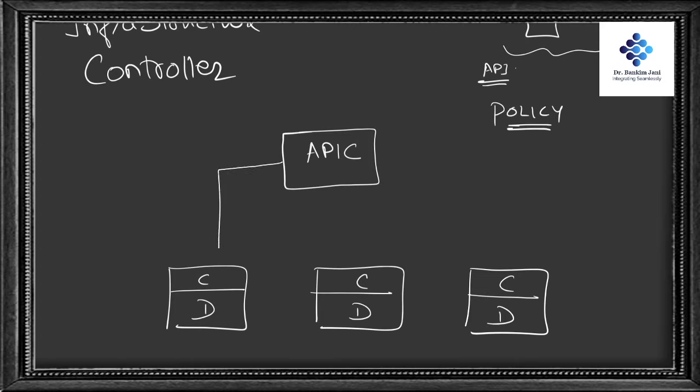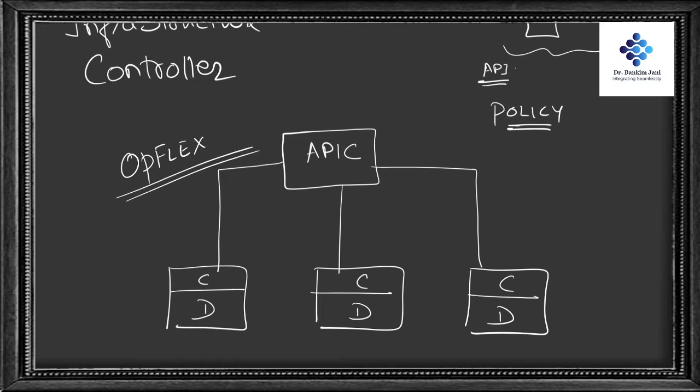It is Cisco which is controlling all these devices, and they gave the name OpFlex. So Cisco came up with the idea that this is how I am different from others, how my controller is different from others, that my controller is taking care of the policy.